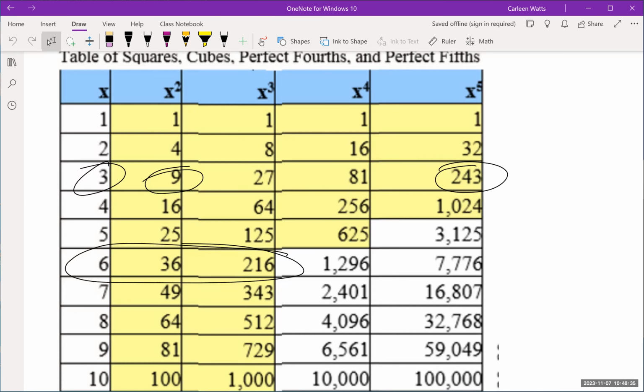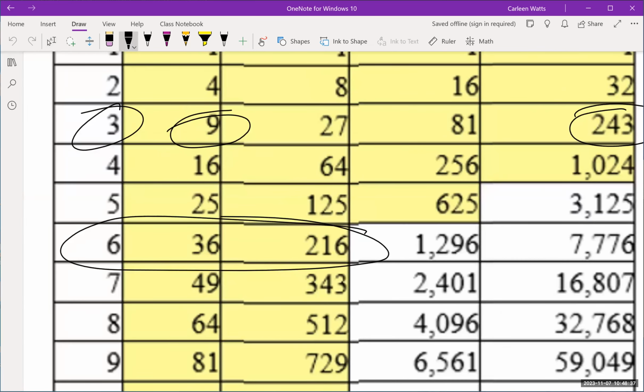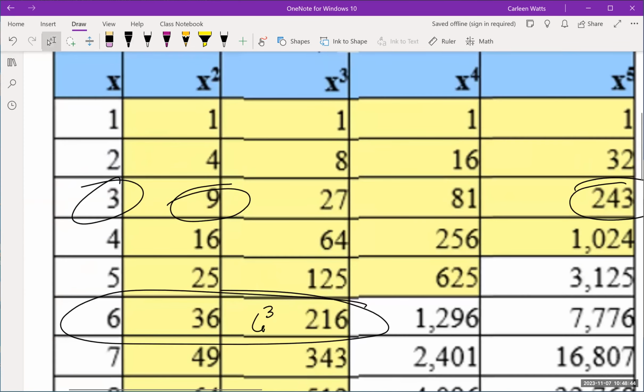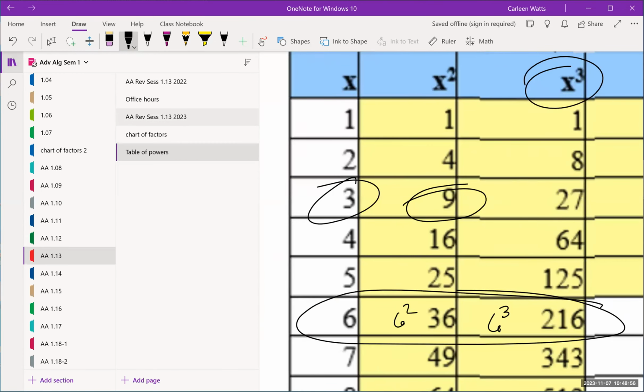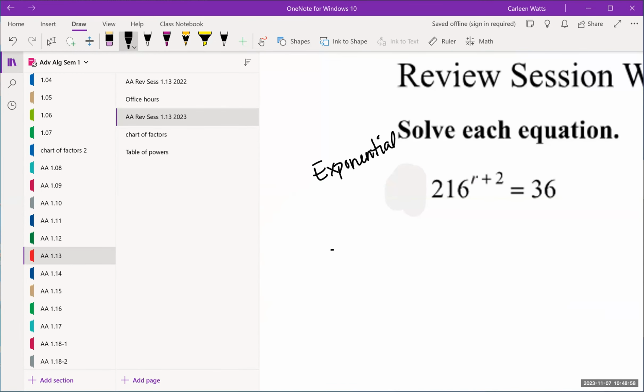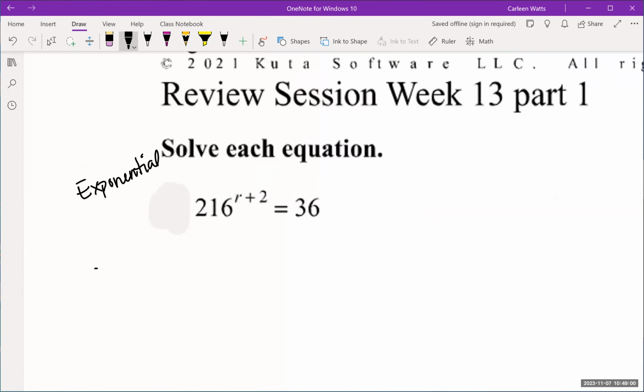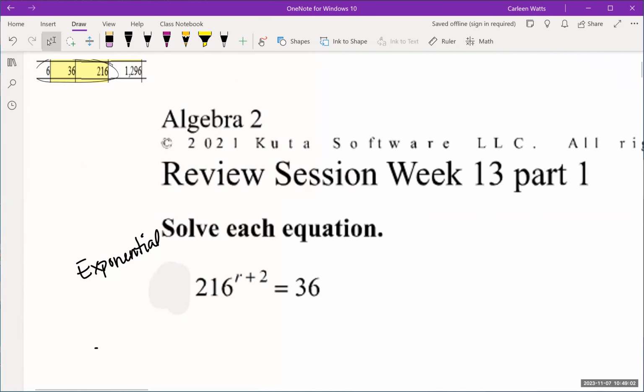Notice that 36 is 6 squared and 216 is 6 cubed, right? It says right here that it's cubed. Yeah. So in the table of powers, we see that 36 is 6 squared and 216 is 6 cubed. Okay. And here it is up there.